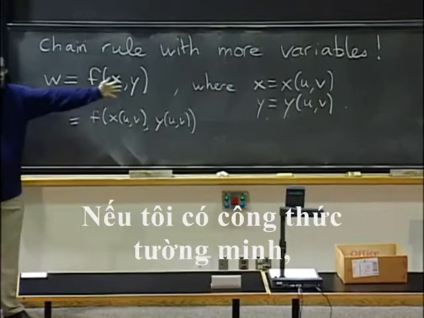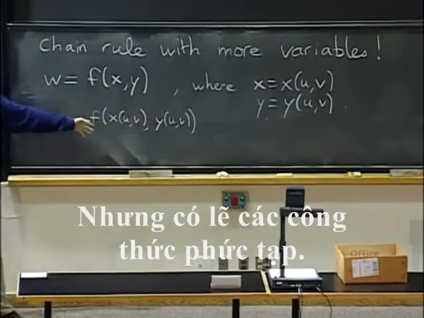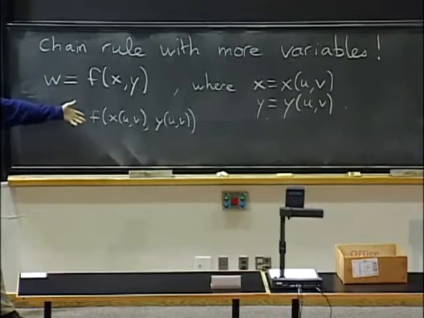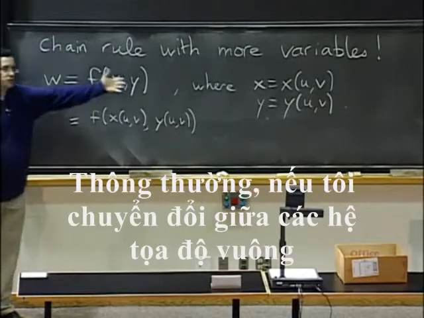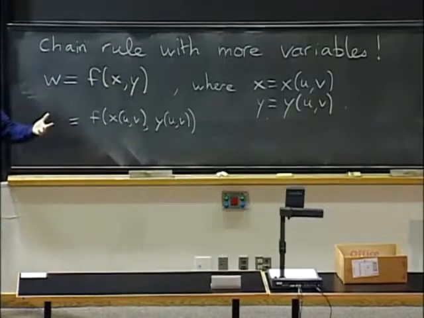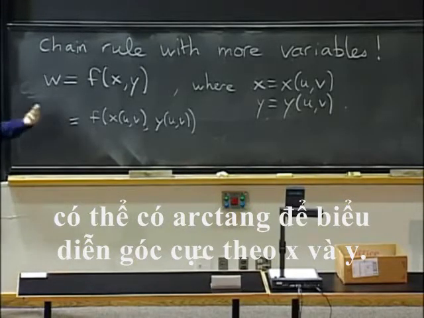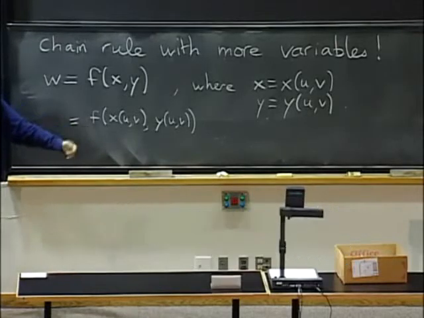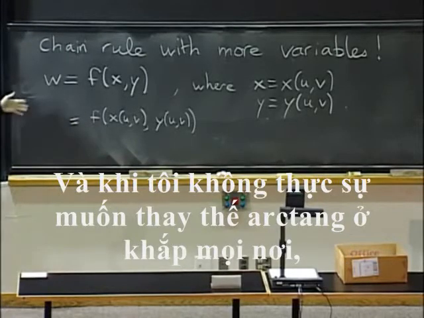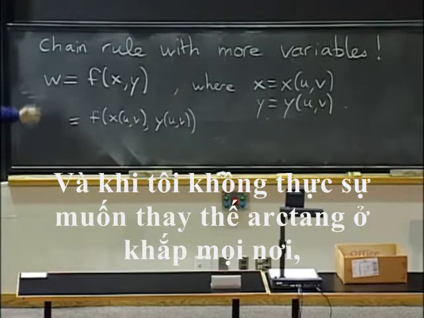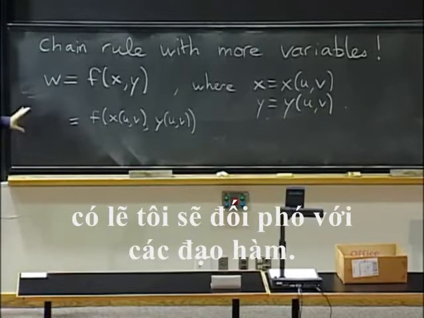If I have explicit formulas, well, that could work, but maybe the formulas are complicated. Typically, if I switch between rectangular and polar coordinates, there might be inverse trig. There might be maybe arctangent to express the polar angle in terms of x and y. And then I don't really want to actually substitute arctangents everywhere. Maybe I'd rather deal with the derivatives.